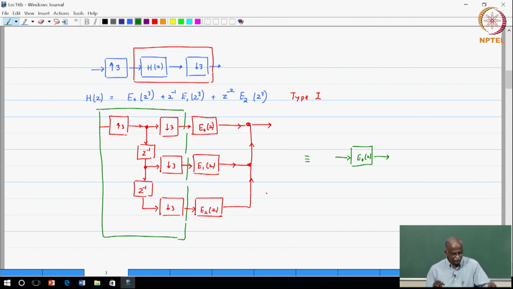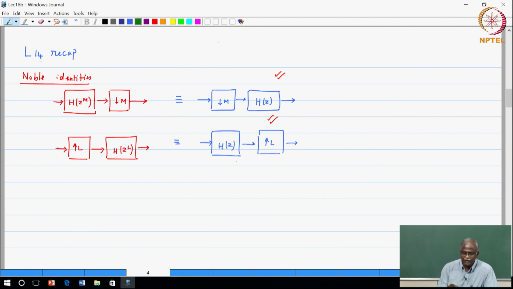Okay. Let us move on to the topics of today. Let me just quickly mention the two key points. From lecture 14, the key result was the noble identities, but we must add a qualifier that blocks obtained after applying the noble identities must be realizable. They cannot be undefined blocks.